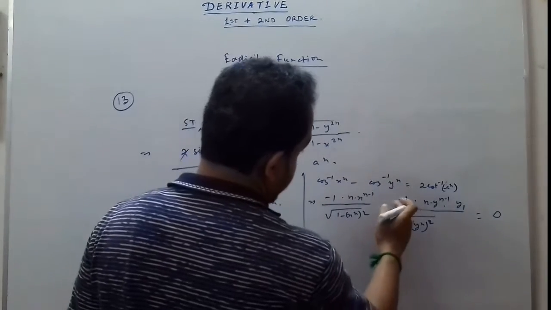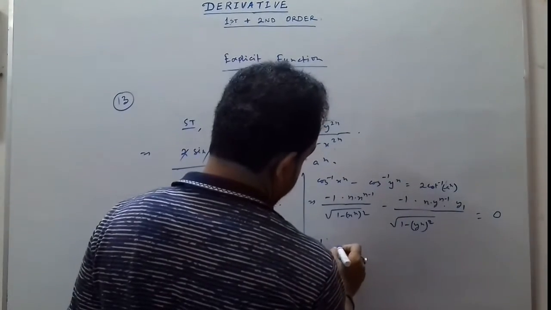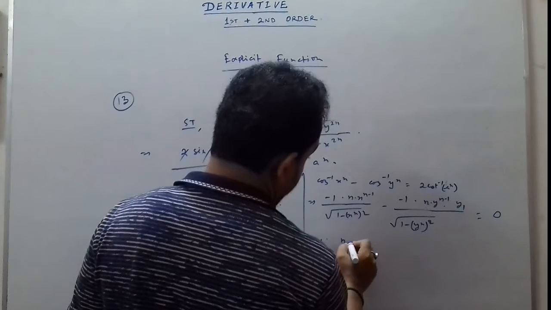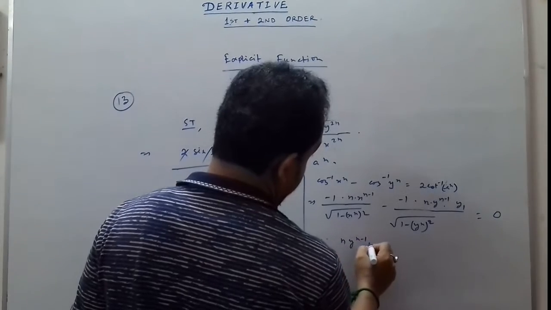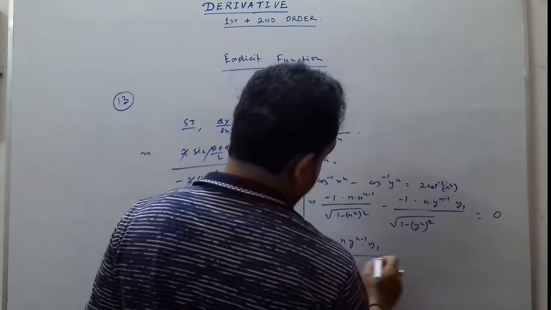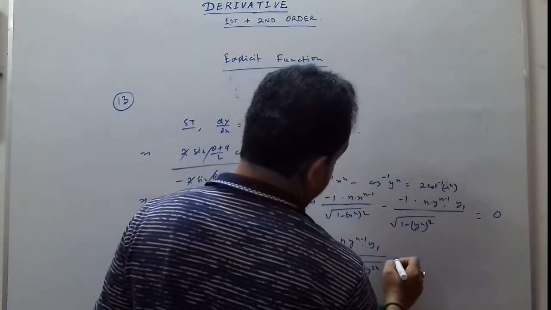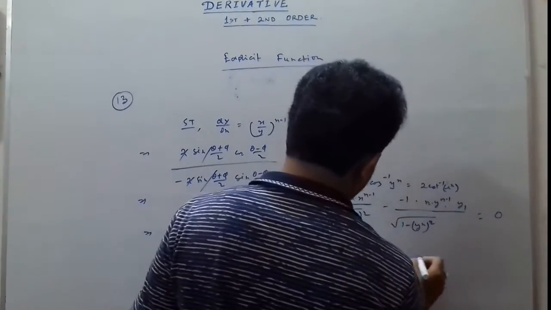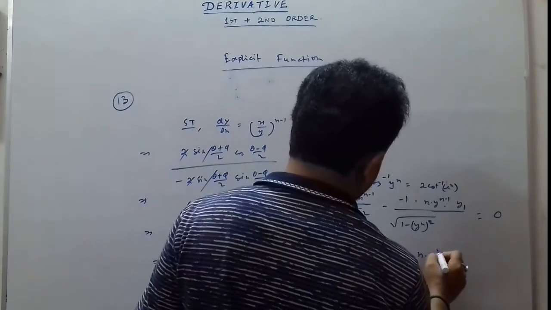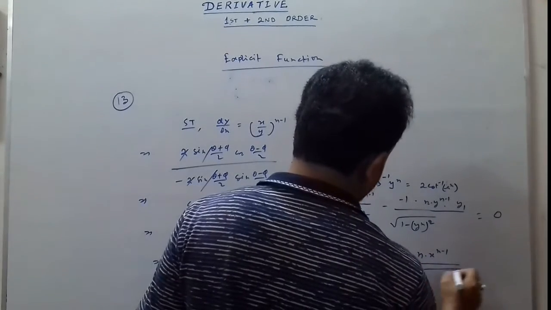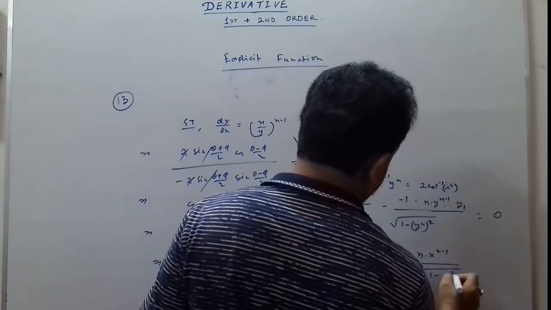Therefore minus minus plus, so we get n y power n minus 1 into y1 over root under 1 minus y power 2n is equal to n into x power n minus 1 over root under 1 minus x power 2n.